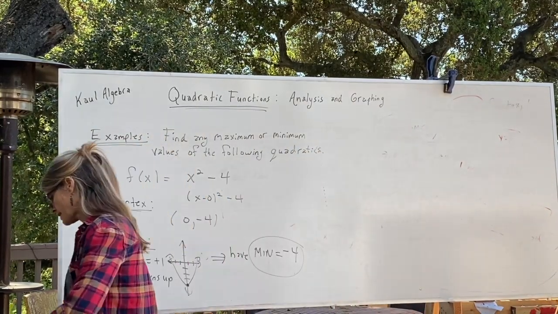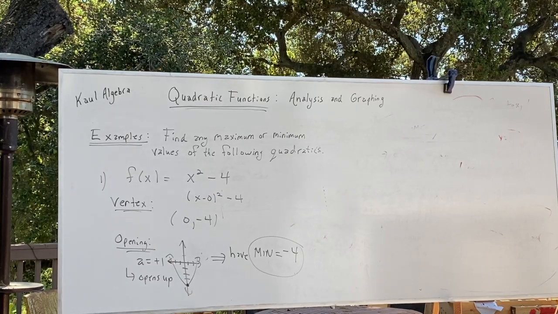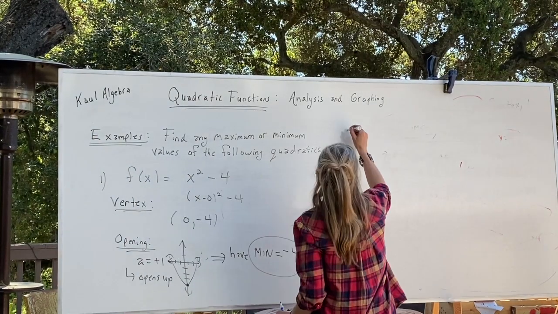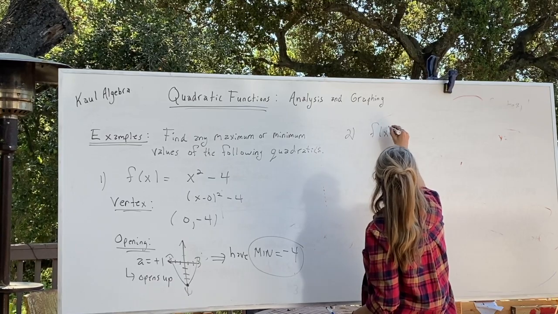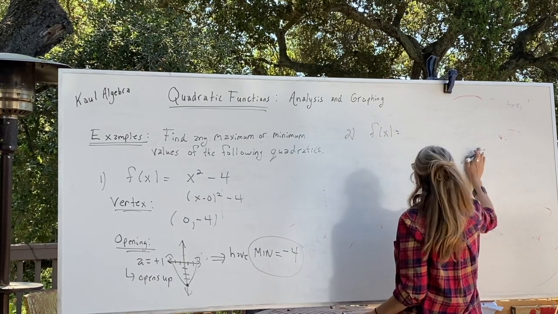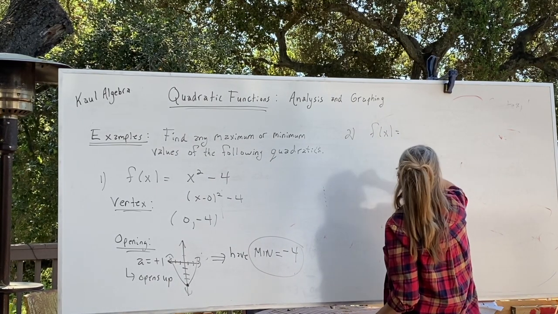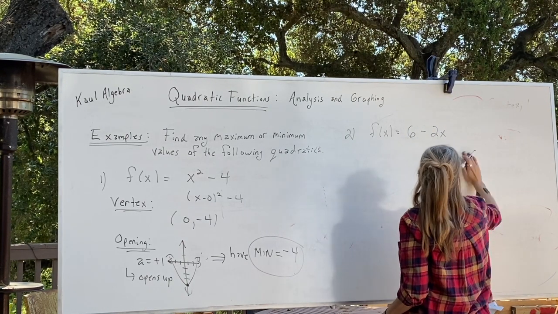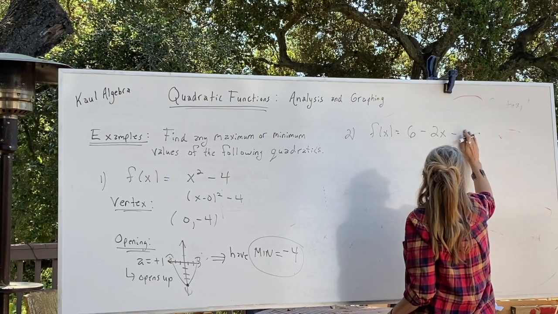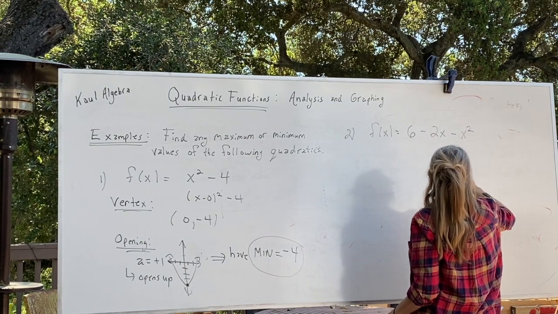In this next example, I'm going to have f of x equals 6 minus 2x minus x squared.